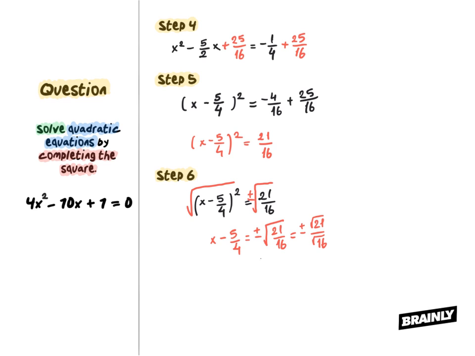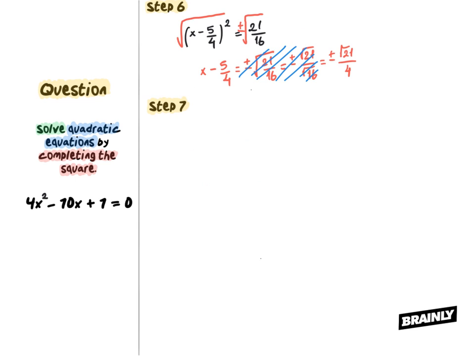I don't think we can really simplify down the square root of 21 very much, so I'm just gonna leave that part alone. But notice in the denominator we get the square root of 16, which is 4. So really, we got x minus 5/4 equals positive or negative square root of 21 over 4.